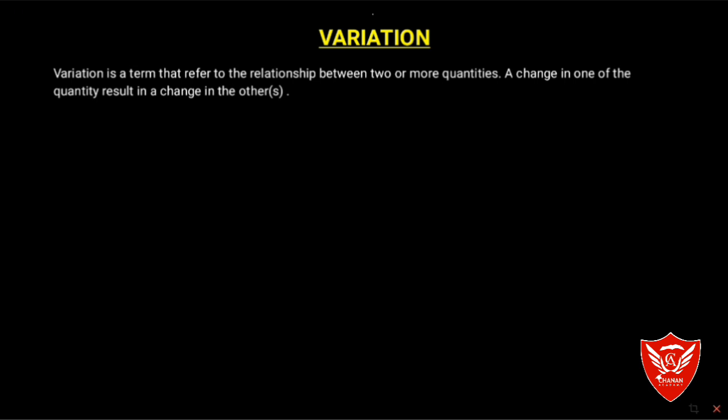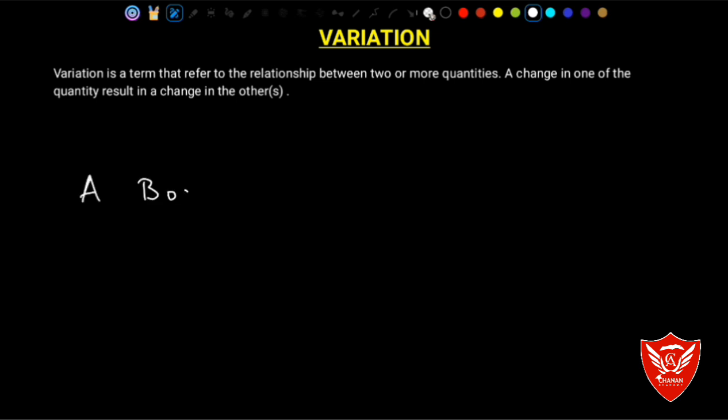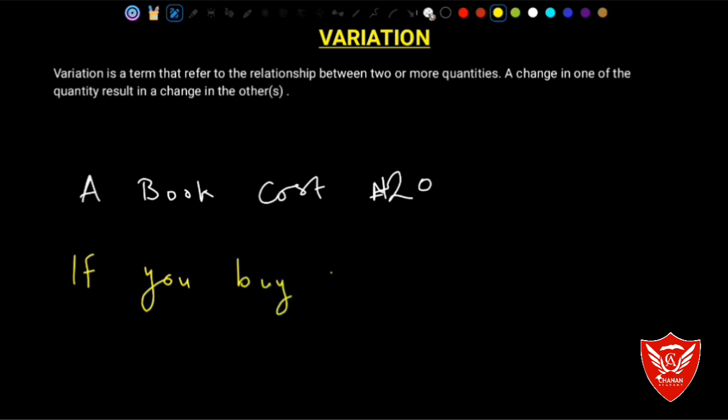Variation is a term that refers to the relationship between two or more quantities, such that a change in one quantity results in a change in the other. For example, if a book costs 20 naira, if you buy one, you're going to pay 20 naira.